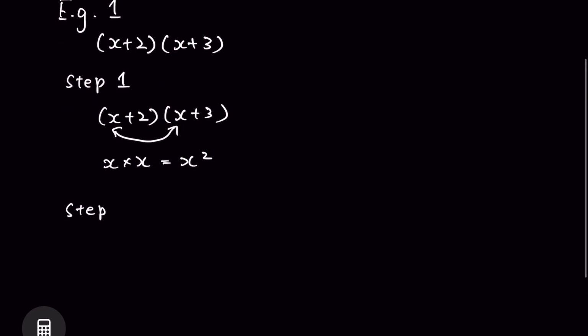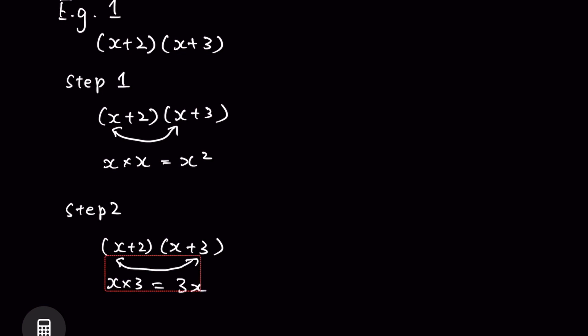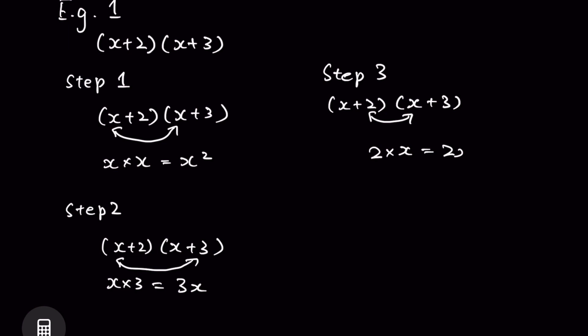And then next, we're multiplying x and 3. So we get 3x. Then step 3, we're multiplying 2 and x, which is 2x.